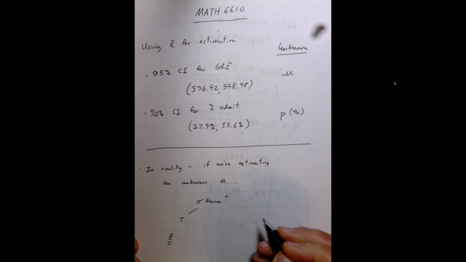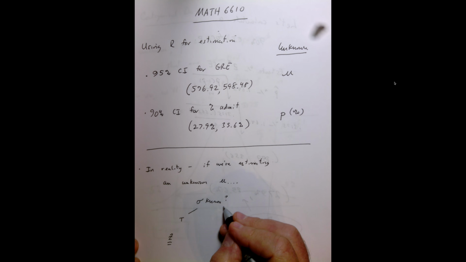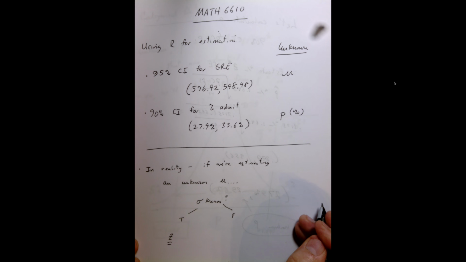we use the z-distribution. If the population standard deviation is not known, in other words, that statement is false, then we get into something called the t-distribution. And the t-distribution is much more reasonable than the z-distribution.